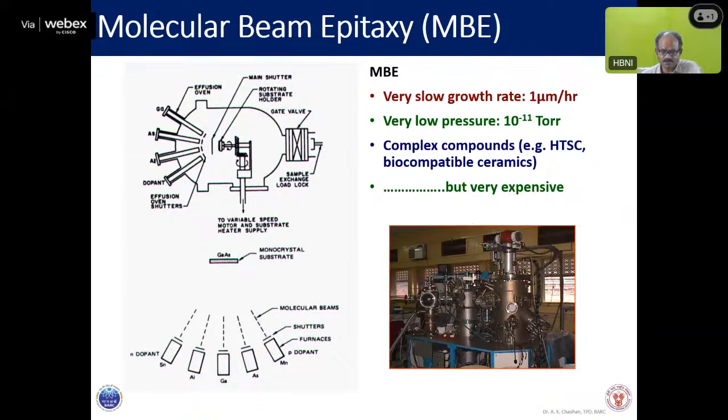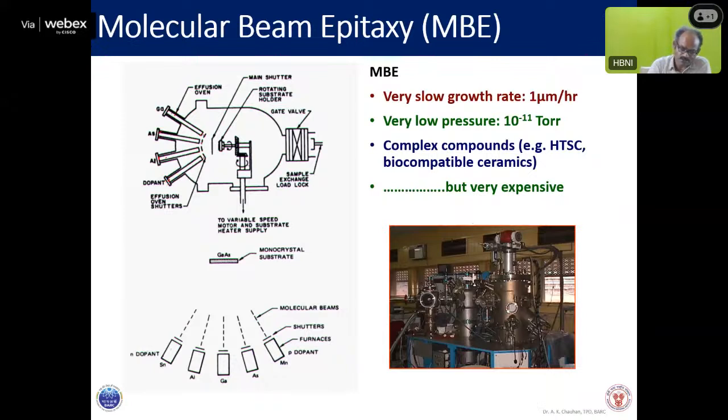The next one is molecular beam epitaxy. This is also like you have sources, you have different effusion cells, and from this you keep the compounds here, and you increase the temperature, and then there are shutters.